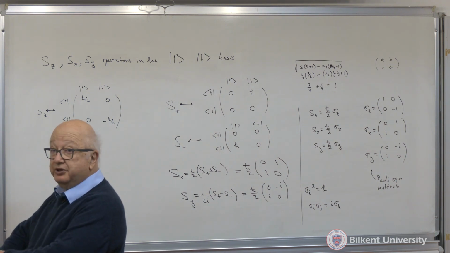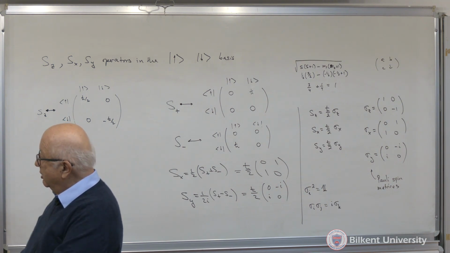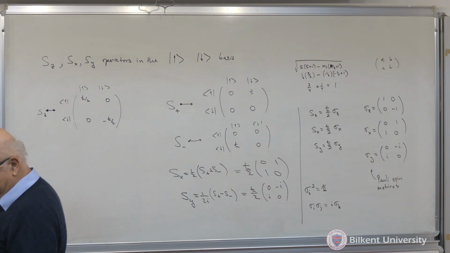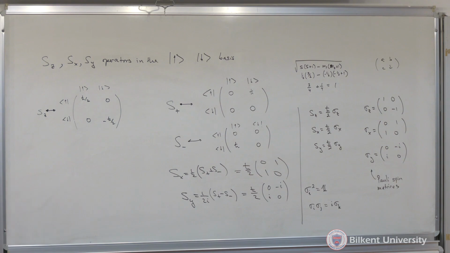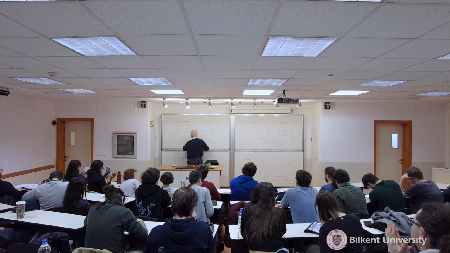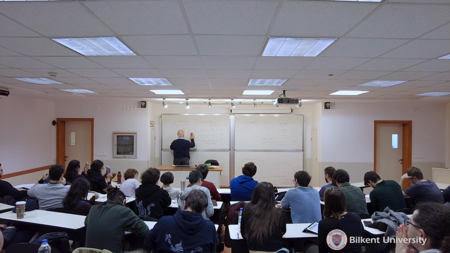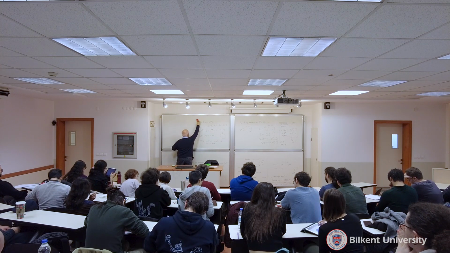Okay. Any questions? Oh, we have lots of time. Okay. So now I can make more complicated experiments. But to make more complicated experiments, I need to find the eigenvectors of Sx and Sy.